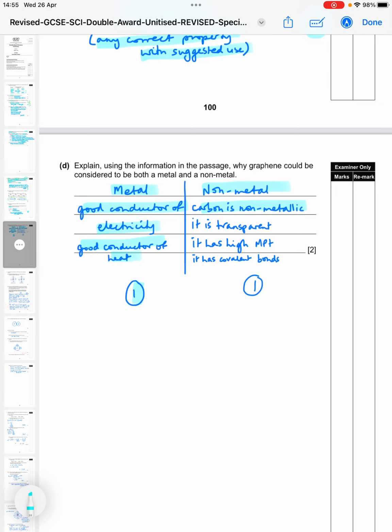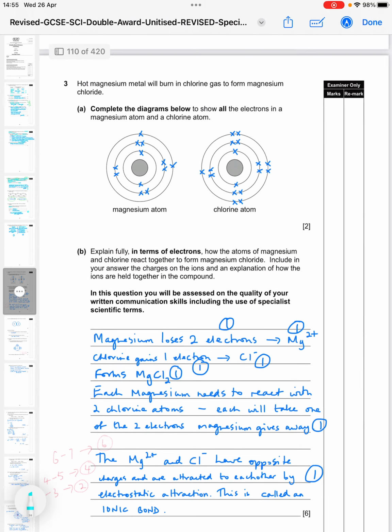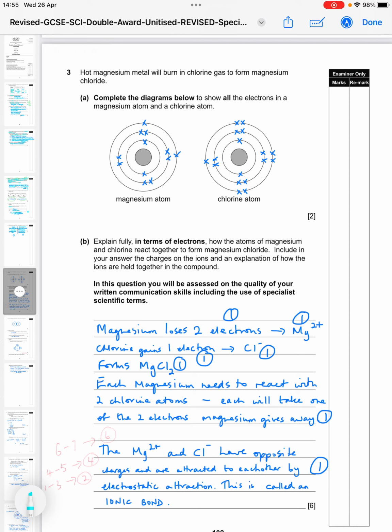Don't just say it's an allotrope of carbon. That doesn't explain anything. But by saying carbon is non-metallic, that's explaining how it could be a non-metal. Also, it's transparent, it has a high melting point, and it has covalent bonds. Could all mean that it is a non-metal. So 1 mark for the metal and 1 mark for the non-metal point there.